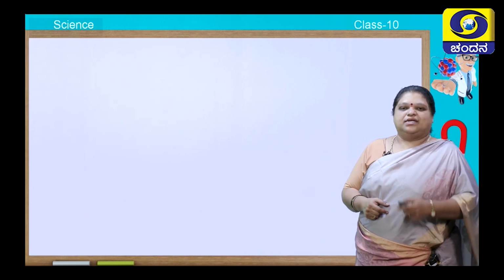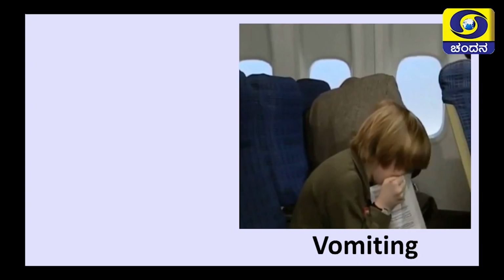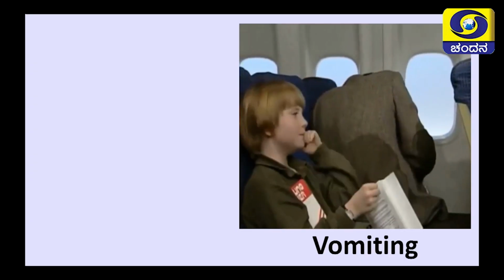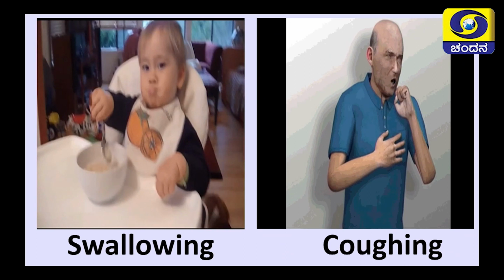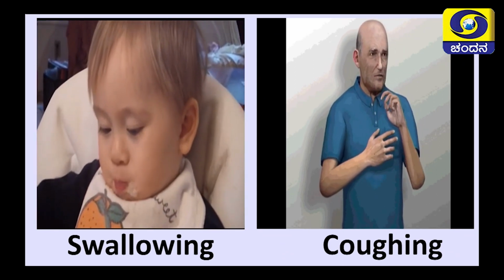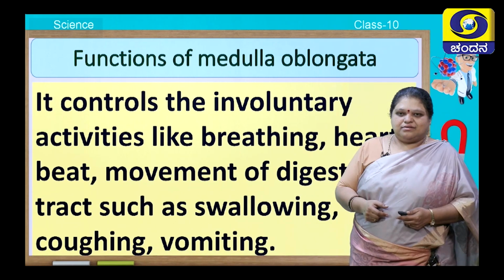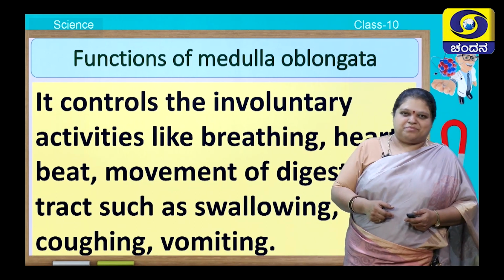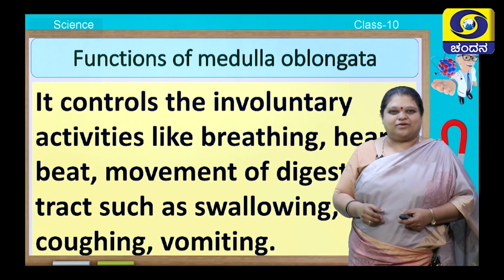Next, let us see another function. The feeling of vomiting is controlled by the medulla oblongata. Coughing is controlled by the medulla oblongata. Swallowing is controlled by the medulla oblongata. If you want to remember that, I will give you one clue.